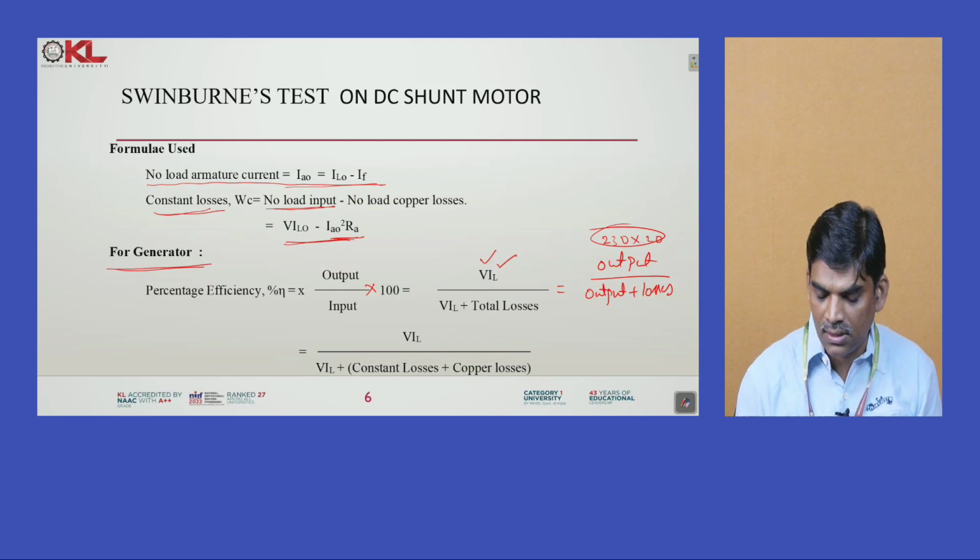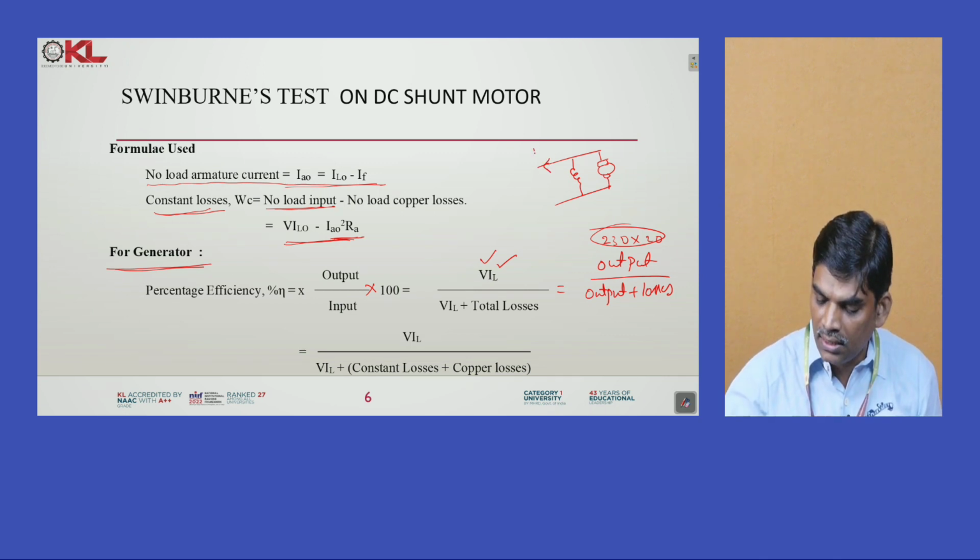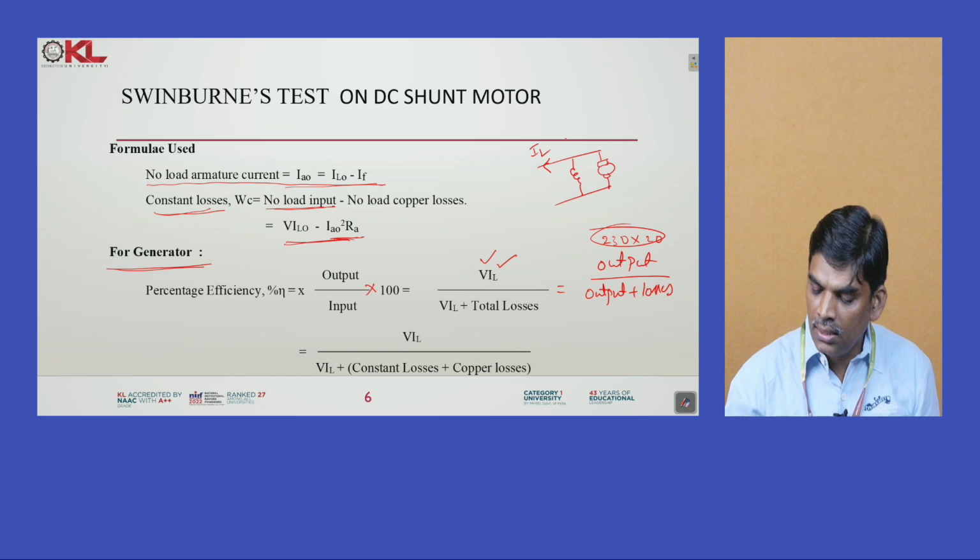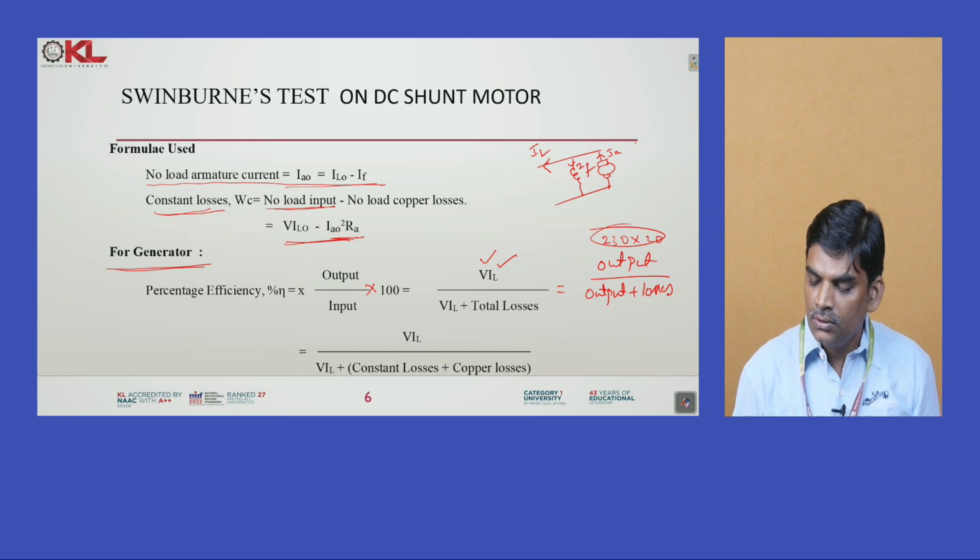Under full load condition, for example, take this shunt generator. It delivers the current IL, and this is the field current IF. It delivers the armature current IAG.